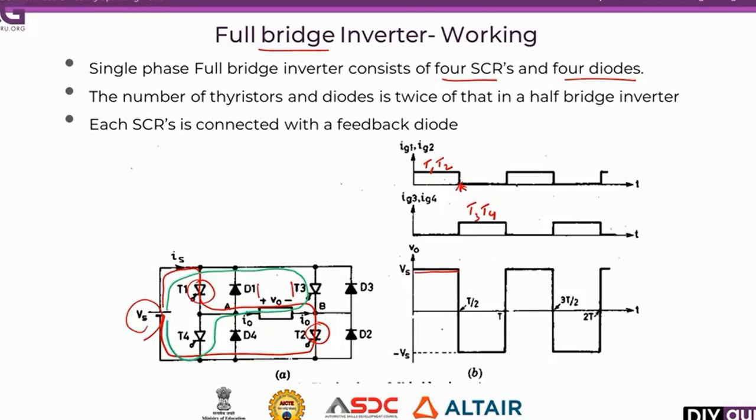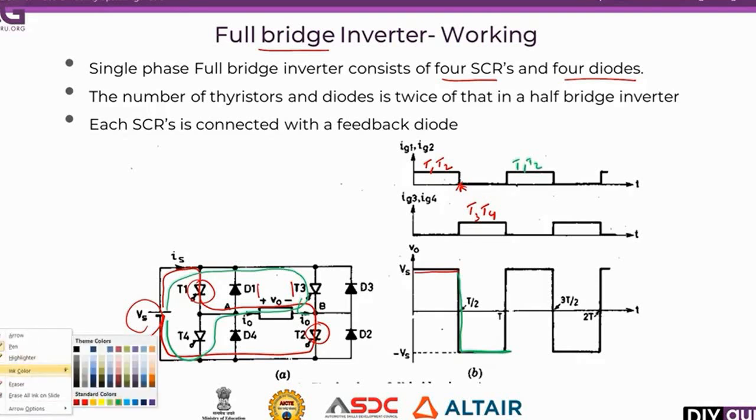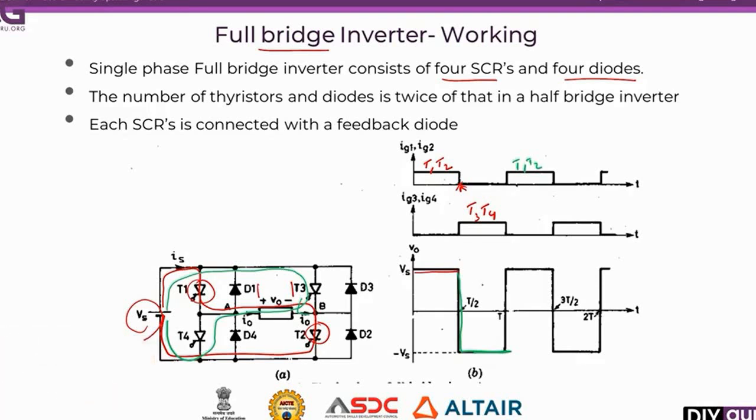So current flows through the negative of the load when T3 and T4 are conducting, and my voltage will also be negative. Again T1 and T2 are conducting, so as in the previous case, current flows through the positive and voltage will also be positive. So this cycle continues. Here we have 4 diodes.